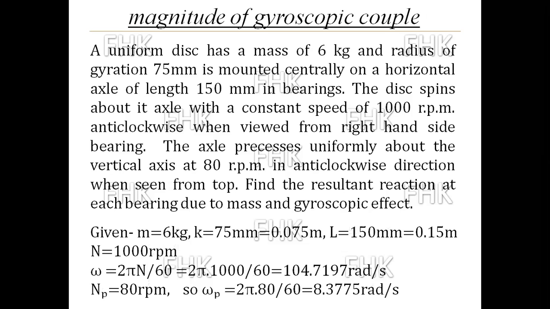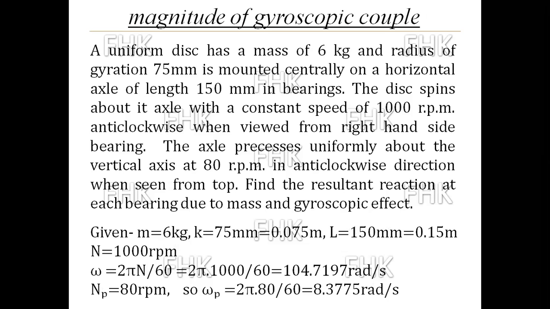So the data given is in front of you. Mass of the rotor or rotating disc is 6 kg. The radius of gyration, denoted by k, is 75 mm, which I convert into meter by dividing by 1000, so it will be 0.075 meter.